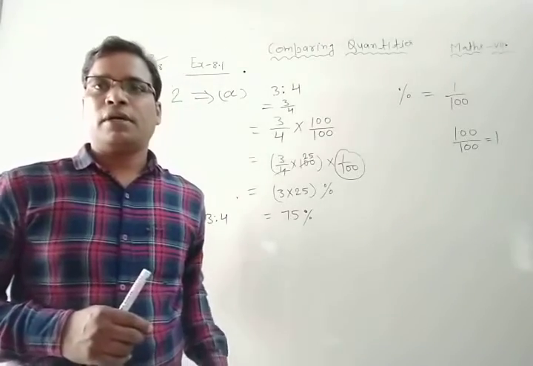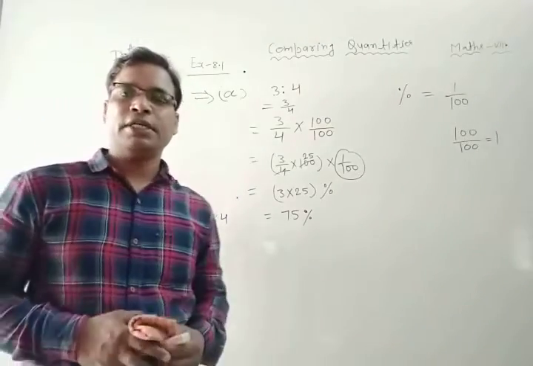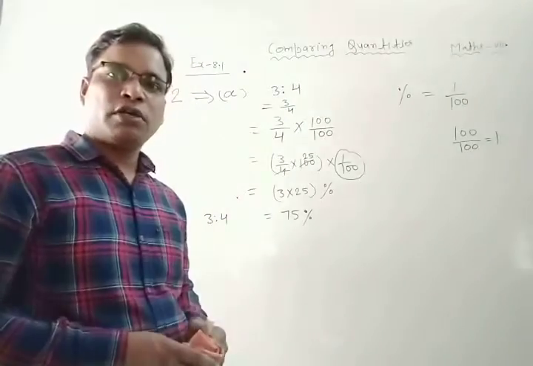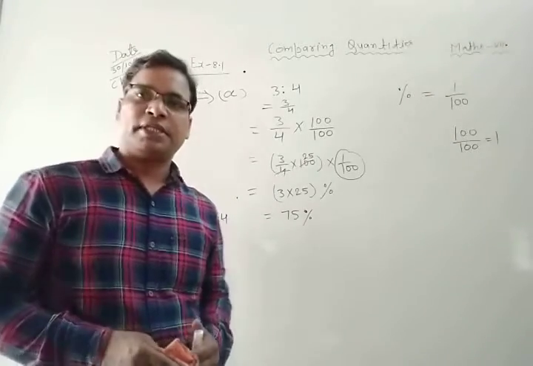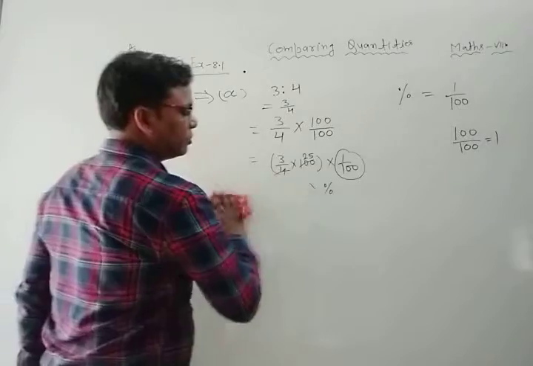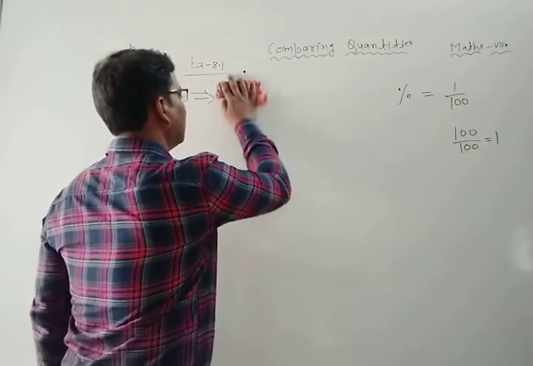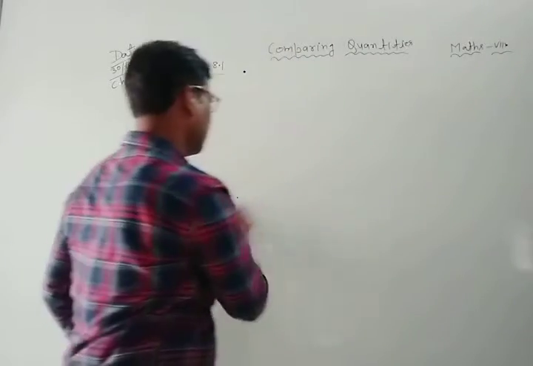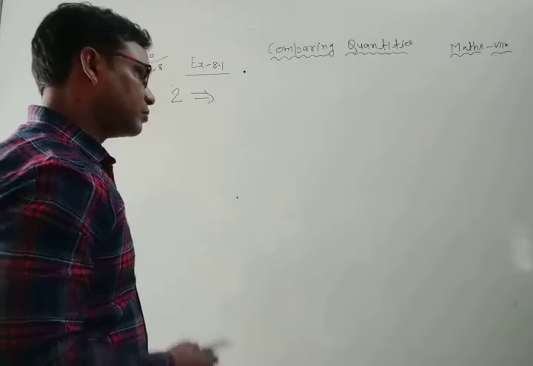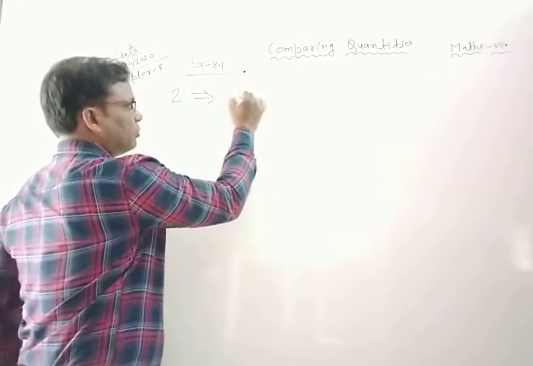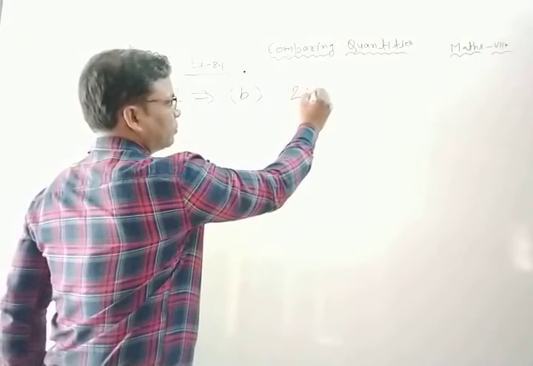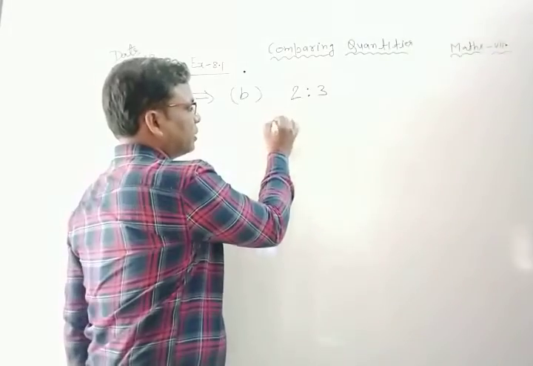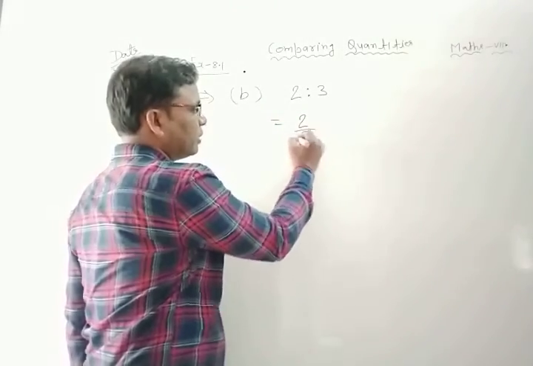Now the B part of this question is 2:3. We need to convert 2:3 into percentage. So let's see how to convert 2:3 into percentage. This is the B part of question number 2. First we convert it into fraction form, so you can write it 2 by 3.